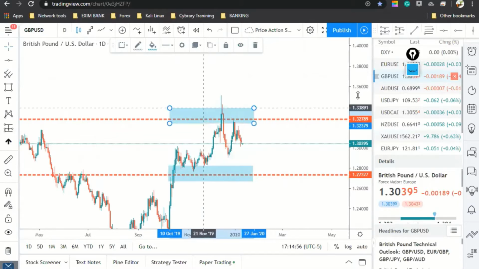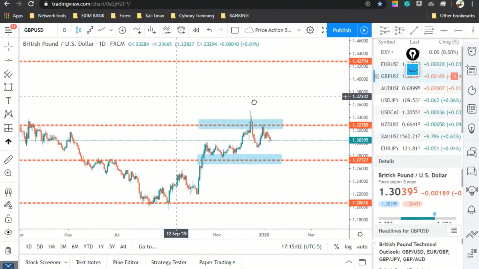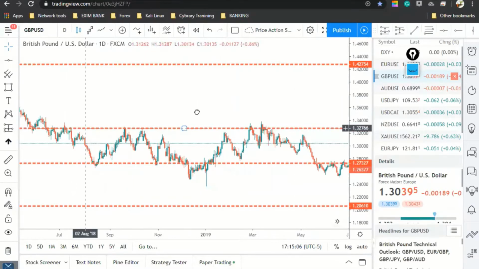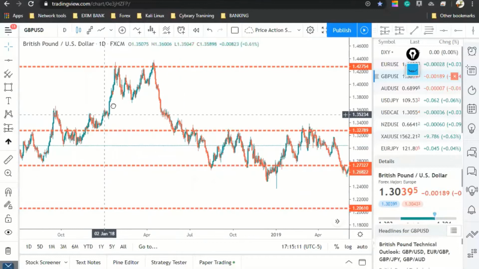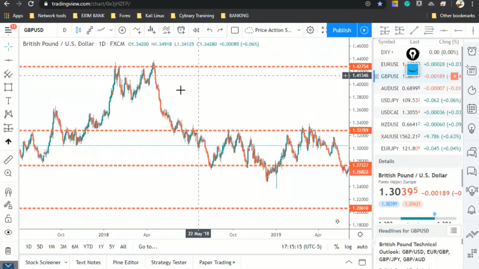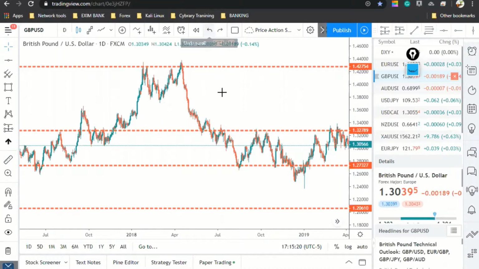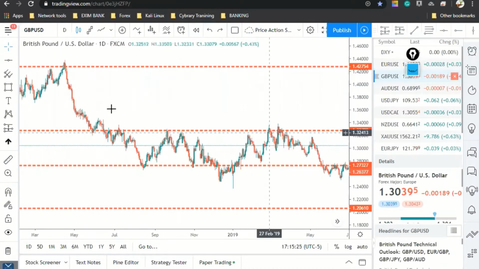And as you can see, price respected this area right over here, right? This was a turning point, basically. That's a turning point. And let's say we didn't know what is going to happen on the right hand side.